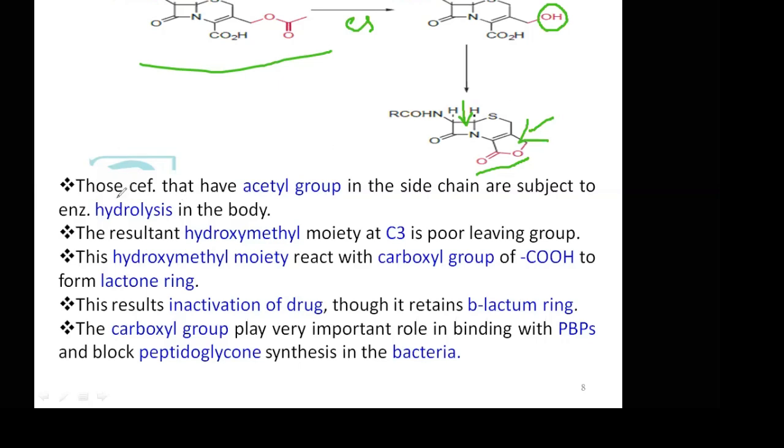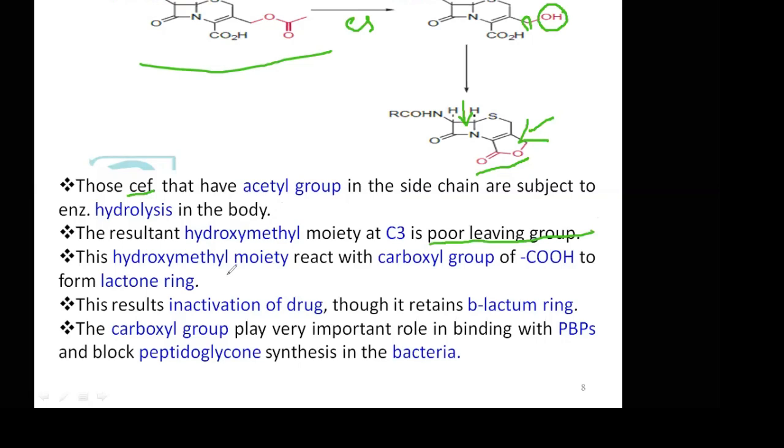Those cephalosporins that have an acetoxy group in the side chain are subject to hydrolysis in the body. The resultant hydroxy methyl group at C3 is a poor leaving group.